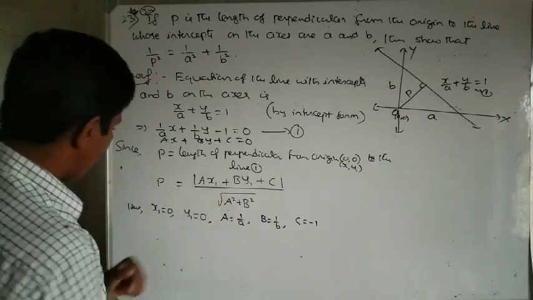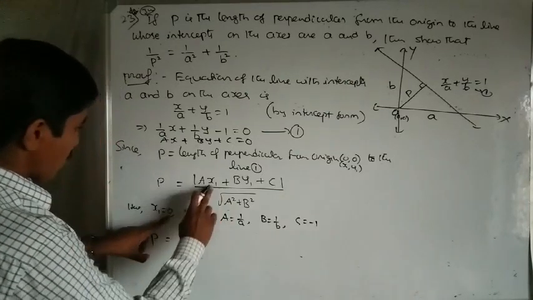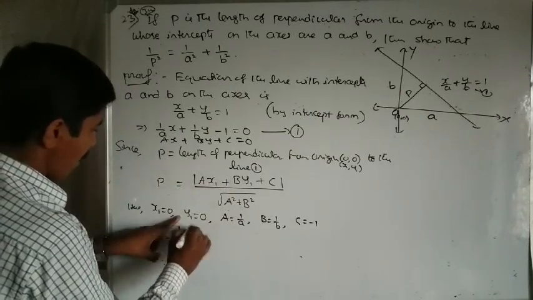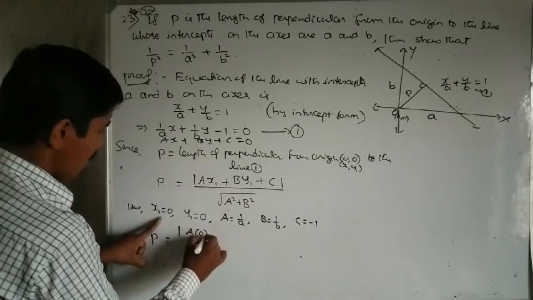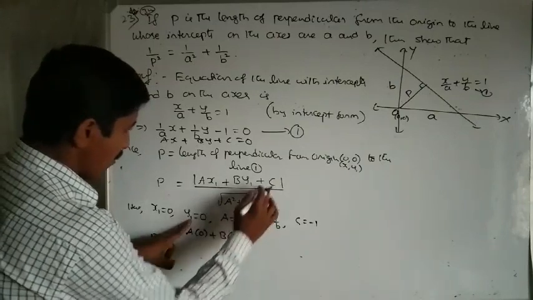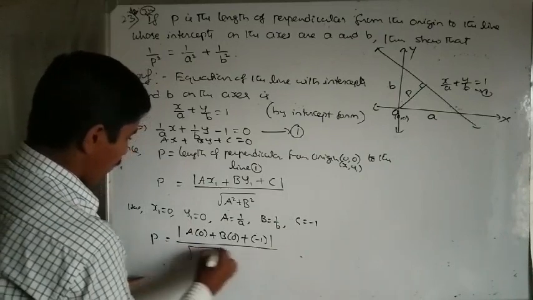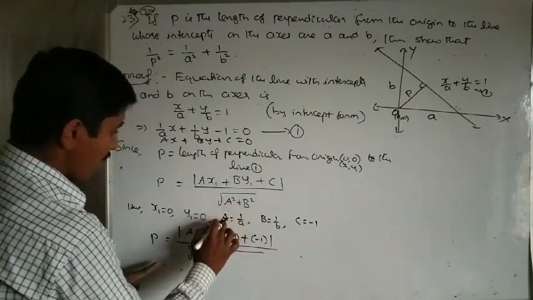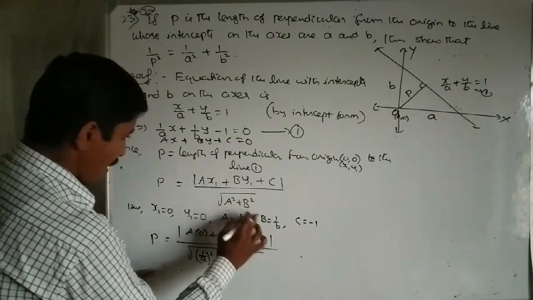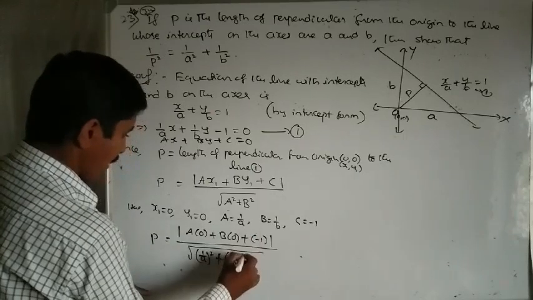Substituting these values, we get P is equal to modulus of a into x1 value 0 plus b into y1 value 0 plus c value minus 1, divided by square root of (1 by a) whole square plus (1 by b) whole square. I am not substituting a and b values in the numerator.